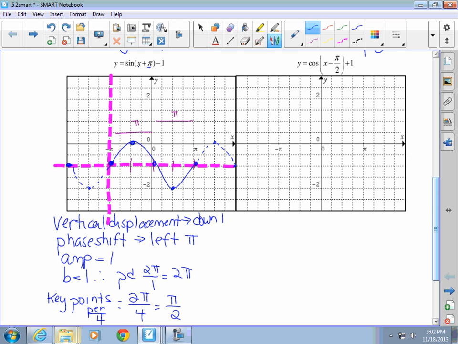So my vertical displacement, and I'm just going to shorten that, is a plus 1, so I'm going up 1. My phase shift is x minus pi over 2, negative pi over 2, so I'm going right pi over 2.